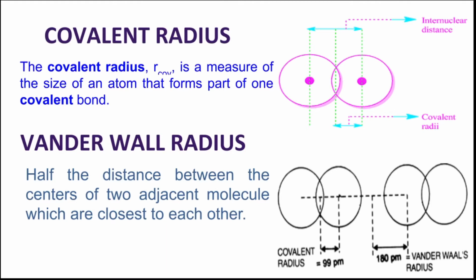So when you take two different molecules, you can see in the figure the distance from the center of two different molecular structures, half of which is the distance between the centers of two adjacent molecules closest to each other. And covalent radius is the measure of the size of an atom that forms part of a covalent bond.